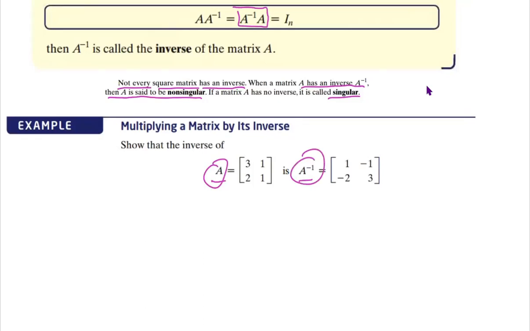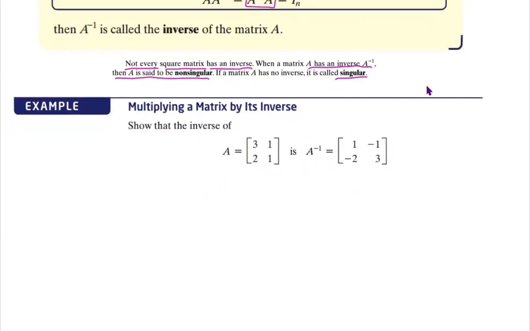What do you expect if you multiply the 2 matrices? So I'm going to find A times A inverse and A inverse times A. You expect that to be I2, right? But let's do it.